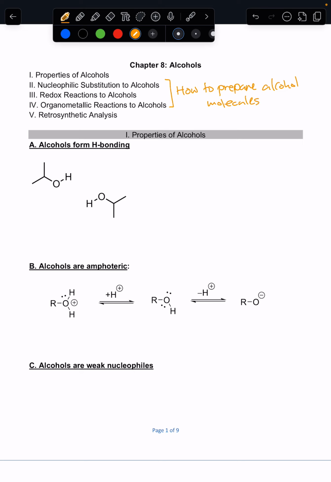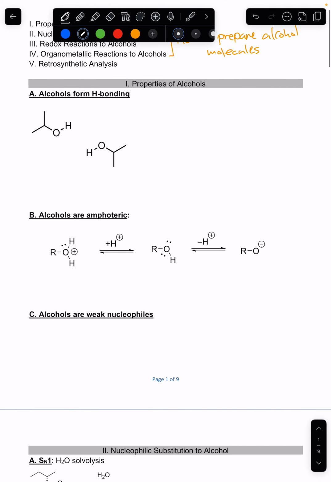We're going to do the first bit of that, but first let's talk about the properties of alcohols. The main thing that stands out is they're kind of like water in that they can hydrogen bond. That's because they have both very polarized protons and lone pairs.